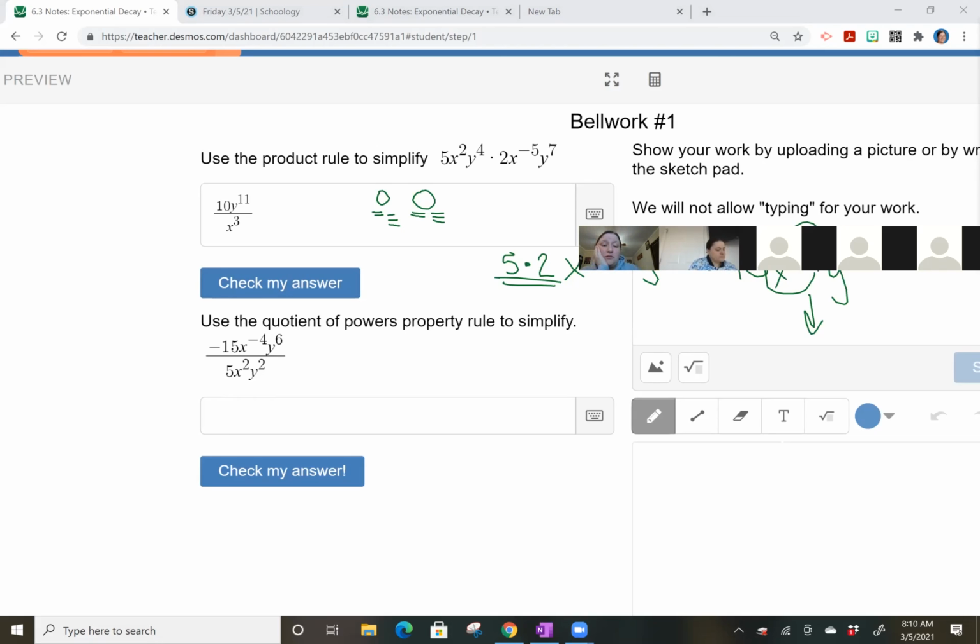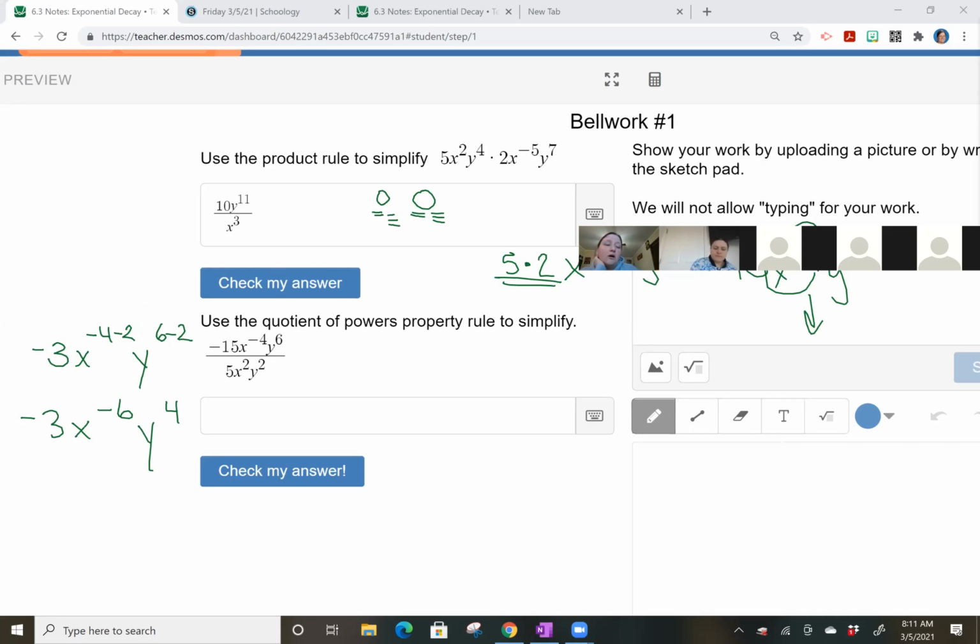Yep. So -15 divided by 5 is -3. And now since we're dividing the same bases, we're minusing the exponents. You always want to start with the numerator exponent first. So then we have -3x to the -6, and then y to the 4th.